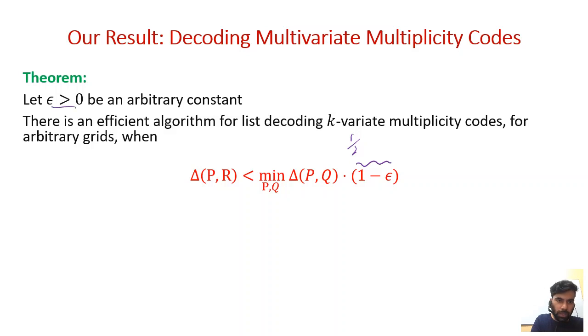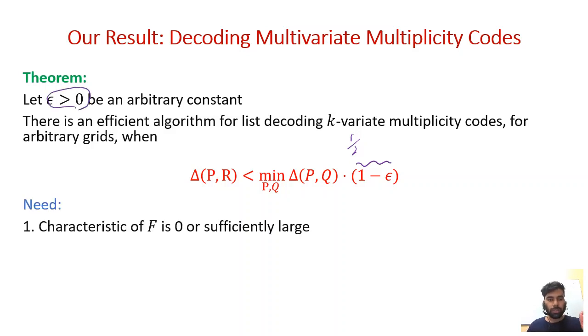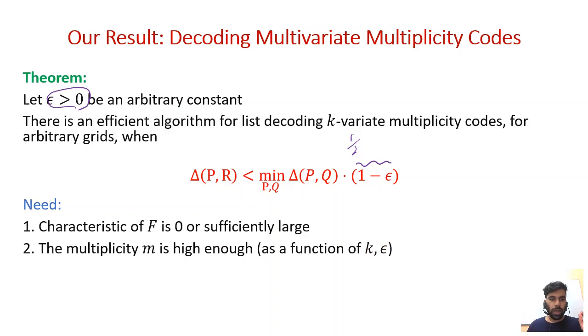You can take any epsilon here. However, we need a few things. We need the underlying field that we are working over to be large, and we need the multiplicity of the code to be large enough as a function of k and epsilon.